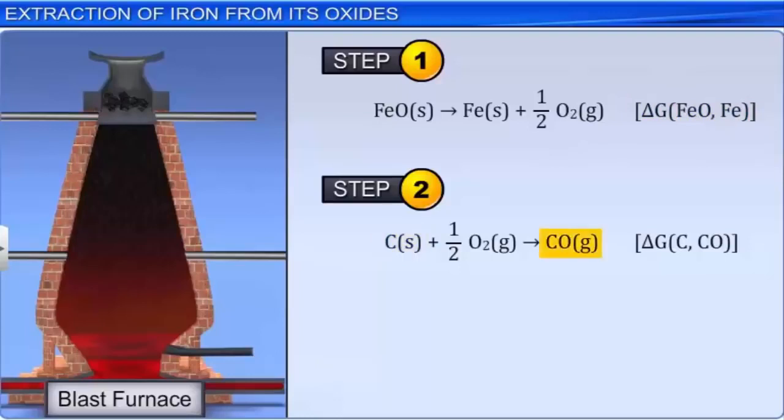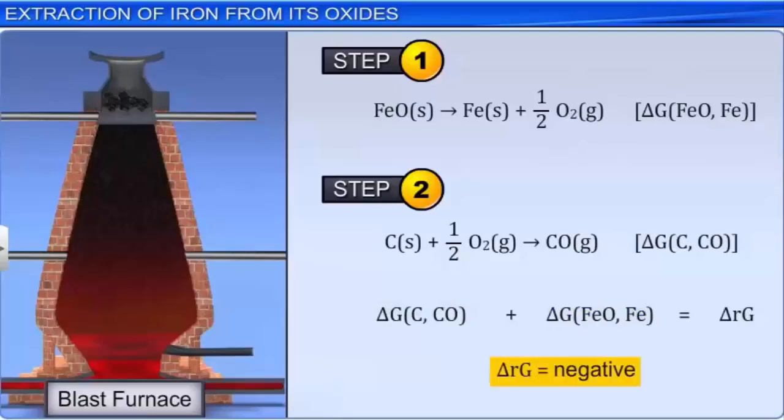Let the change in the Gibbs free energy be delta G, CO. When the two reactions occur, the net Gibbs energy change becomes delta G reaction is equal to delta G CO plus delta G FeO Fe. This becomes spontaneous when delta G reaction is negative.